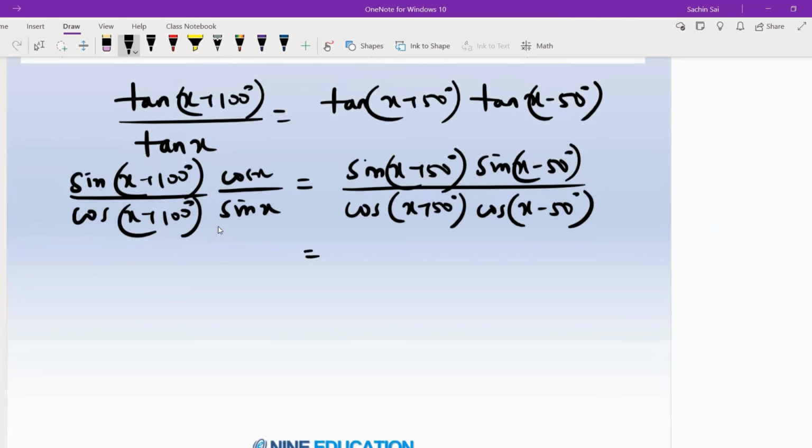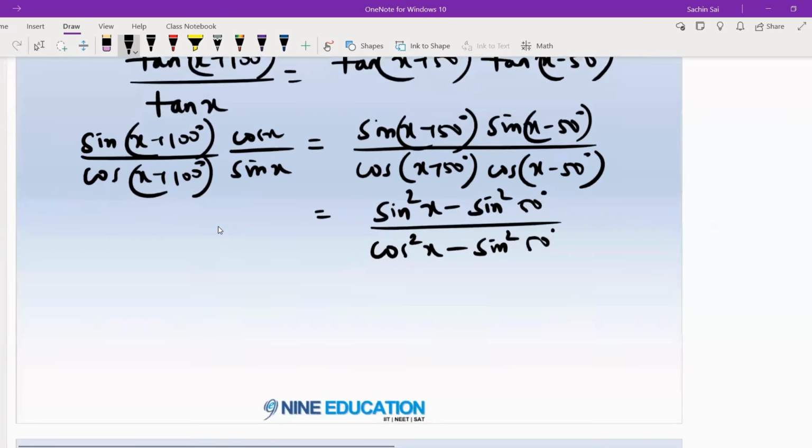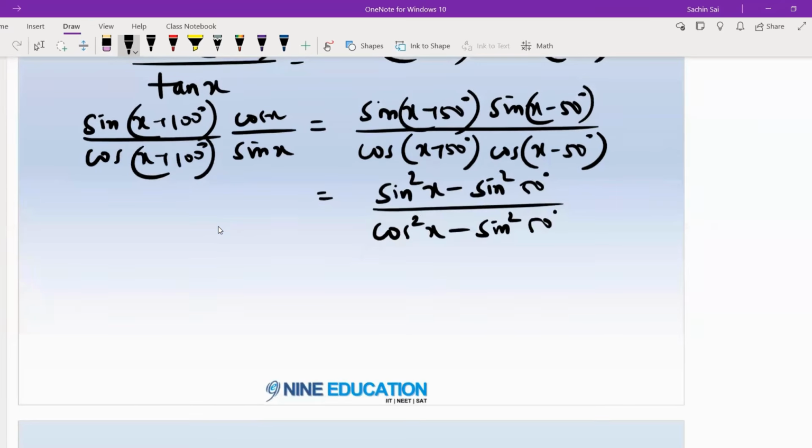Okay, so the right hand side can be written as sin square A minus sin square B by cos square A minus sin square B, right?